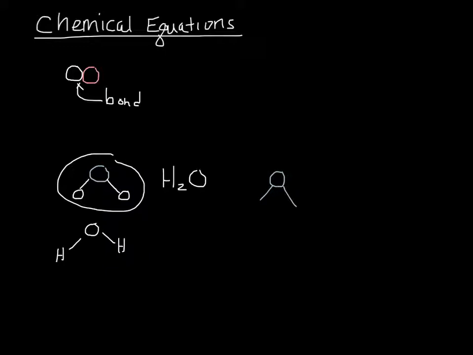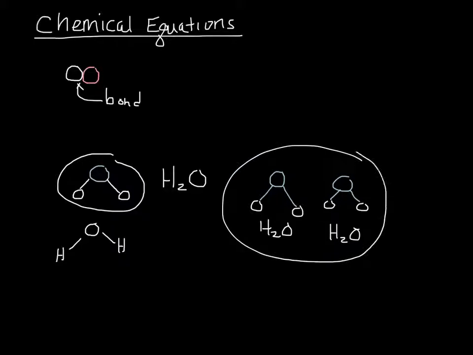And if I had more than one of those, let's say I had another molecule of water over here, well, these would still both be H2O. This would be H2O, this would be H2O. And since I have two of them, I could say that I have two H2O.